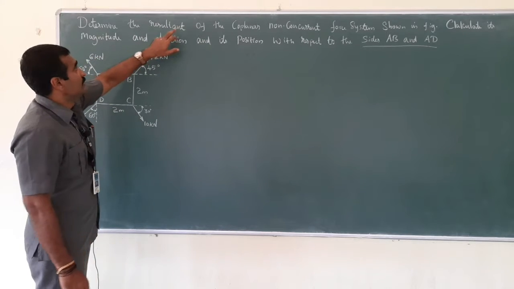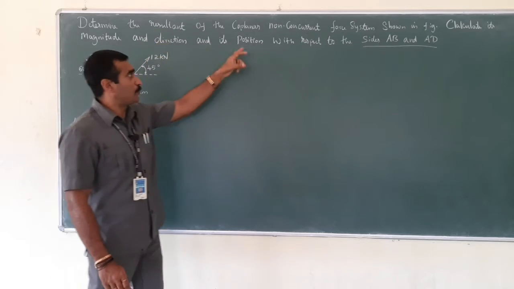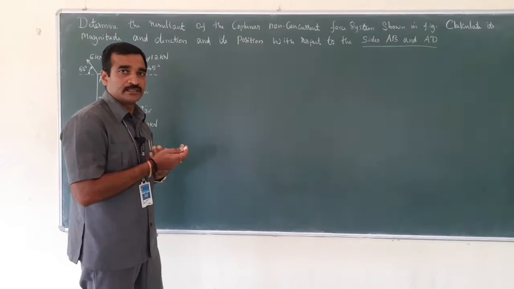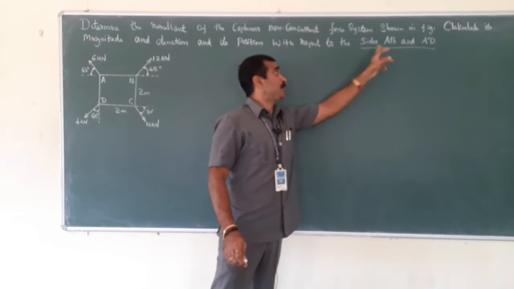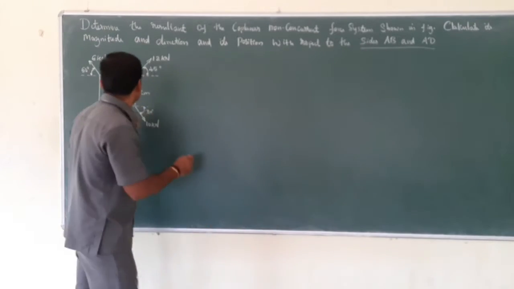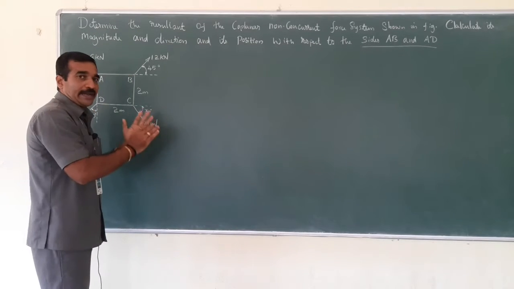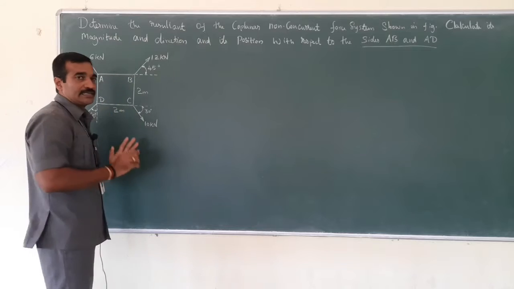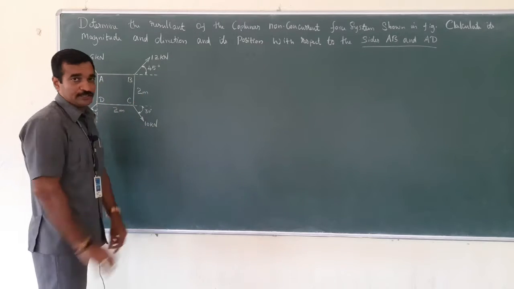So, what has been asked? The magnitude of the resultant, the direction of the resultant, and the position of the resultant needs to be found out with respect to AB and AD. We need to find how the resultant is acting, at what direction and position, right?